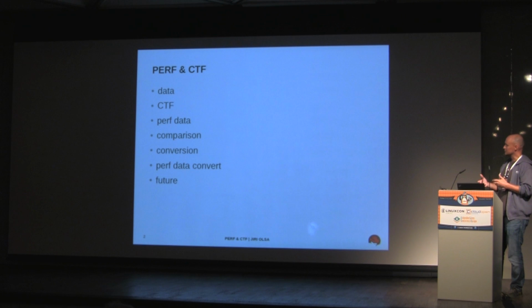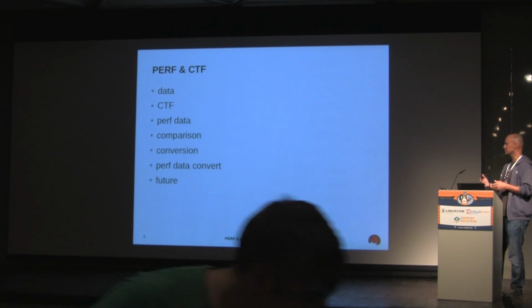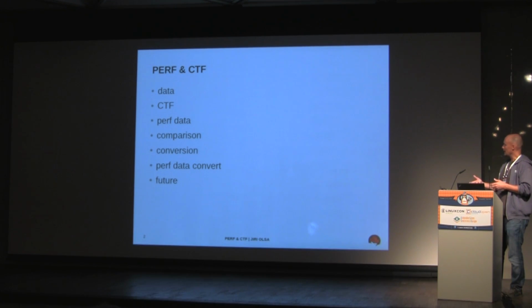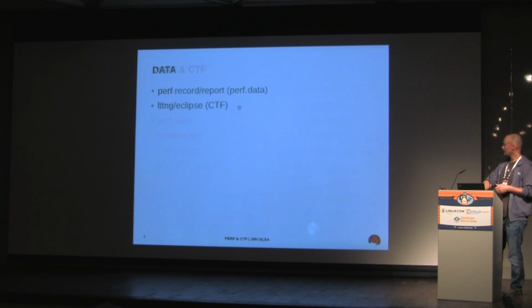You will see the comparison between those two formats, and I will show you the conversion, the new perf data convert command that we made that takes the Perf data and converts it to CTF, and then we can discuss some future implications for this.